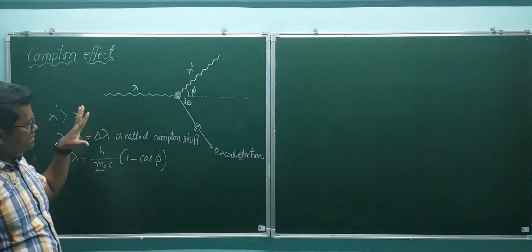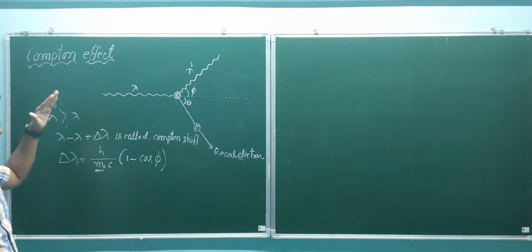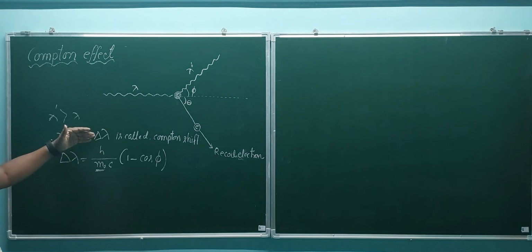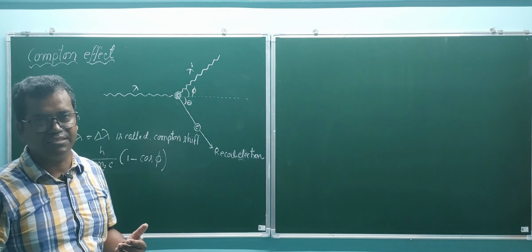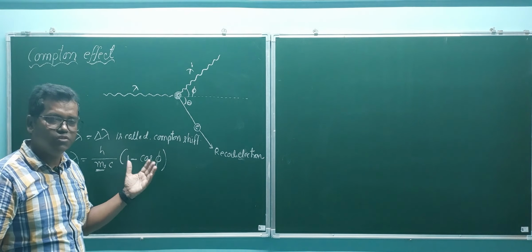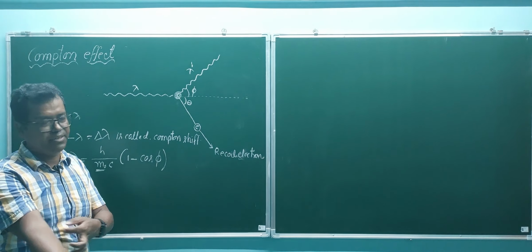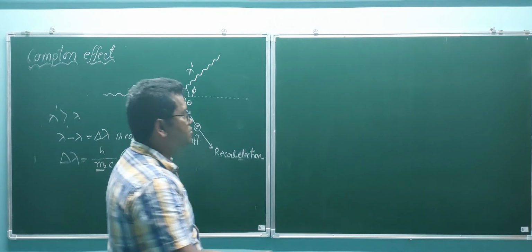Now, these experiments cannot be explained by our classical mechanics. This is also called failure of classical mechanics. So how the failure?